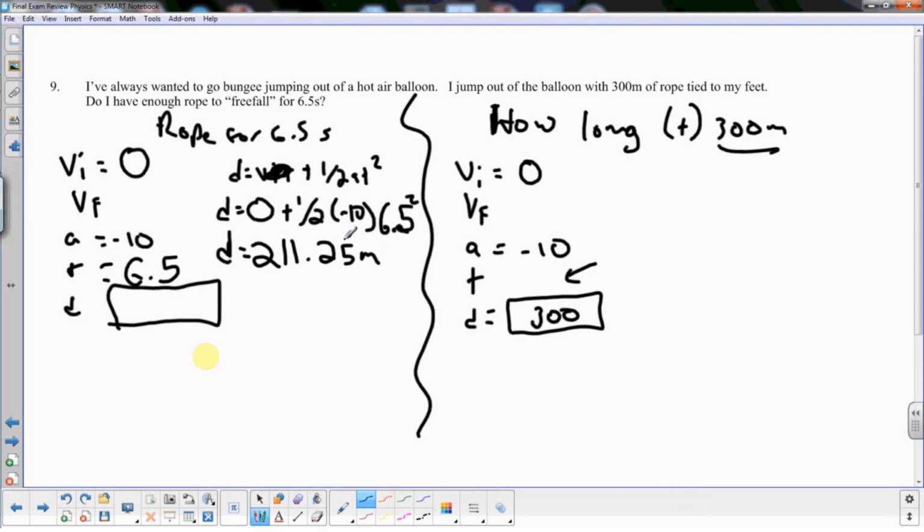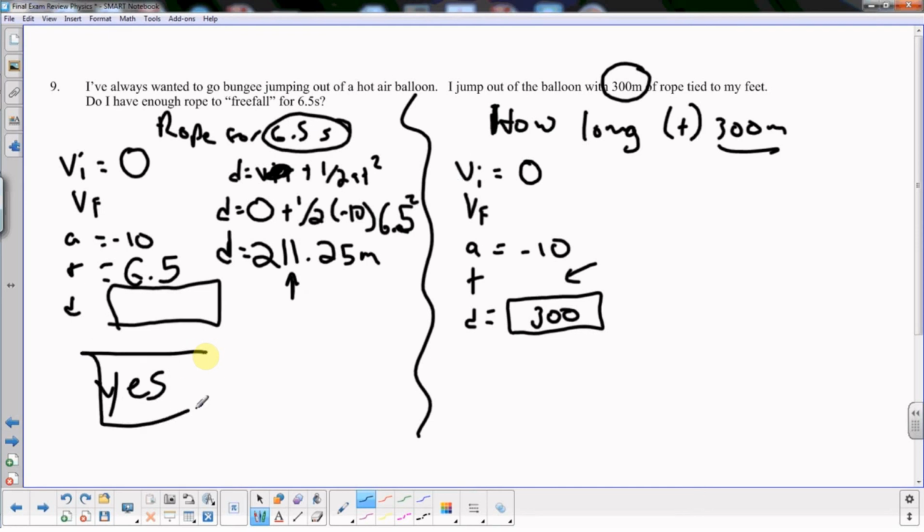So, in order to drop for 6.5 seconds, I need 211 meters of rope. How much do I have? 300. Do I have more than I need? Yes. In fact, I will fall for longer than 6.5 seconds.